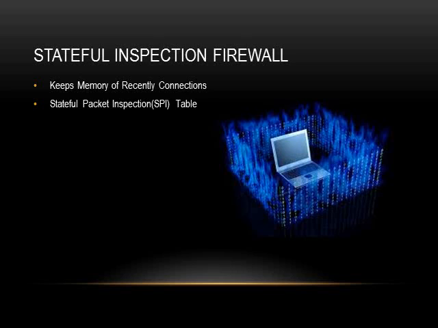Then when the ACK is sent back to the web server, it will allow that connection, and the connection will be considered established. Once the TCP connection is over, it will be listed as closed. Then if the server decides to try to communicate back to the user, it will block it.